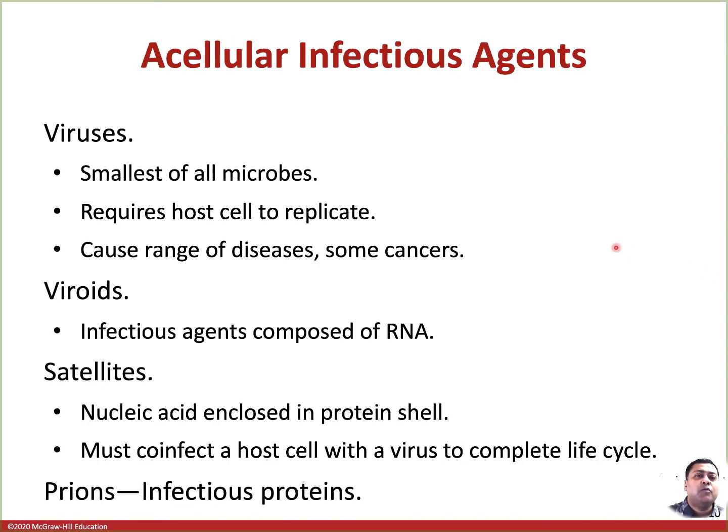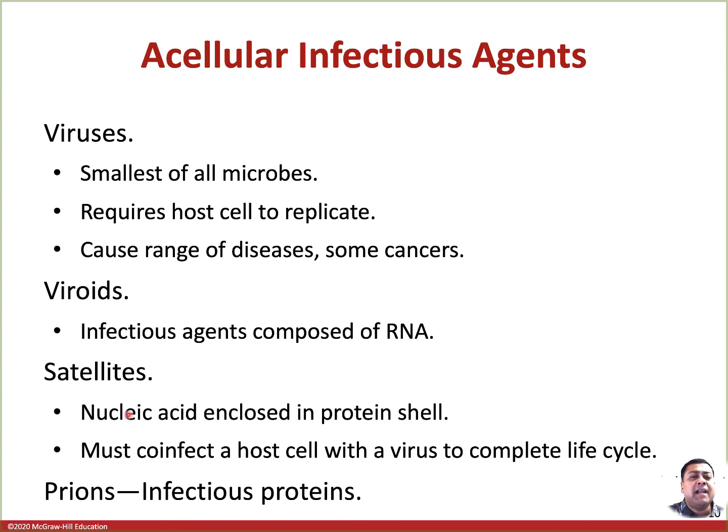The next topic is acellular infectious agents, for example viruses, the smallest of all microbes. They require a host cell to replicate and cause a range of diseases and some cancers as well. We're going to talk about it in a completely separate chapter. We also talked about viroids. These are infectious agents composed of RNA, and they are mainly infectious to plants only.